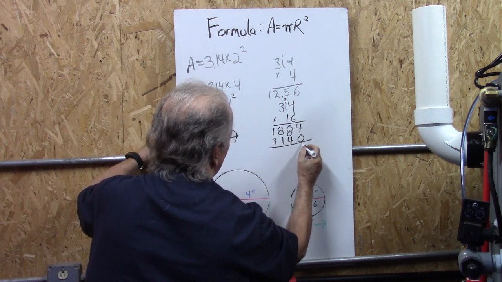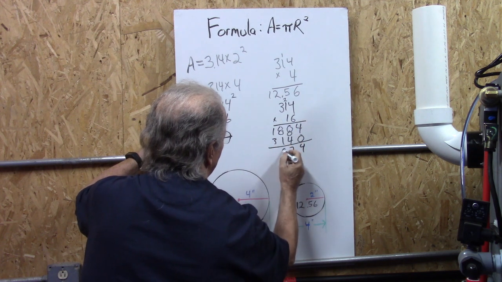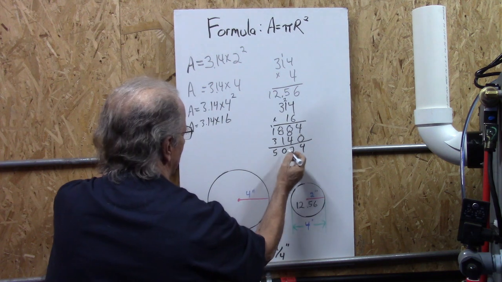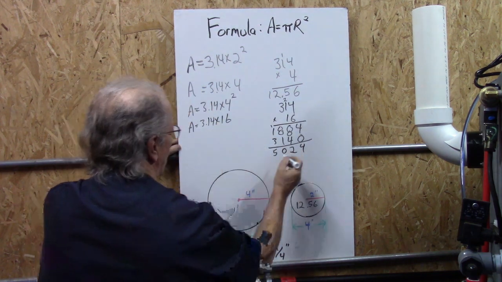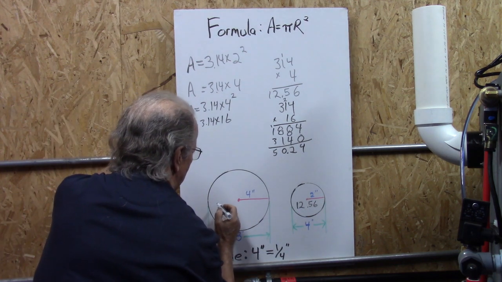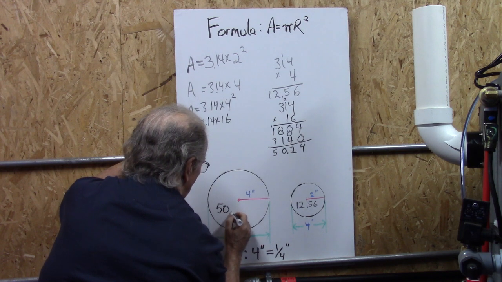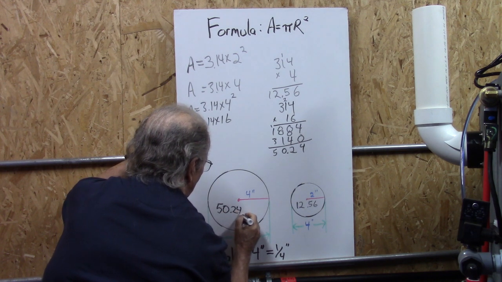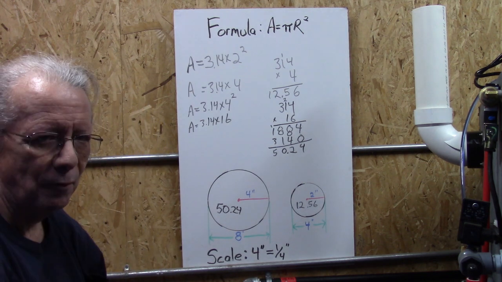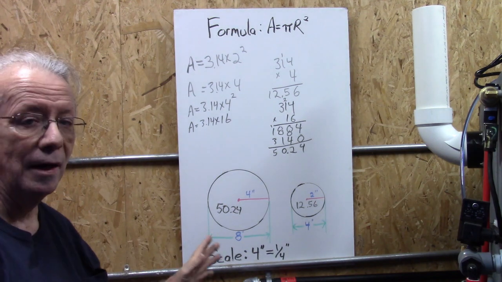Let's add this up. 4, 2, carry the 1, 9, 10, 5. Okay, this time we're not going to forget our decimal points, 2 of them. So the area of this circle is 50.24 square inches.